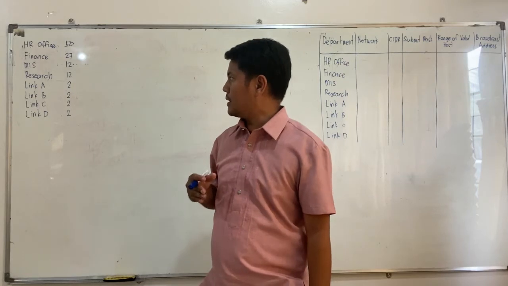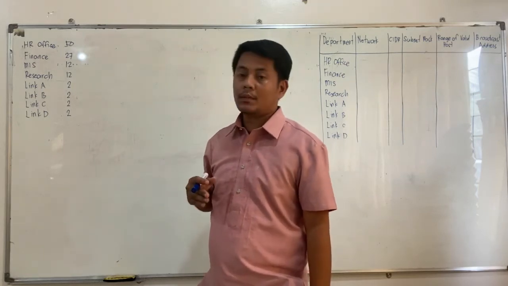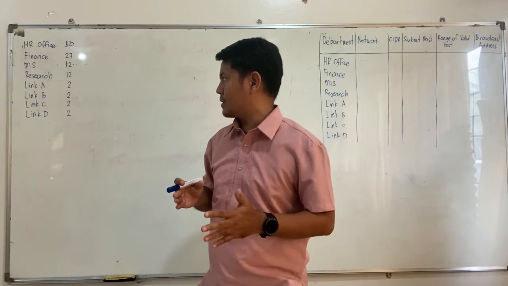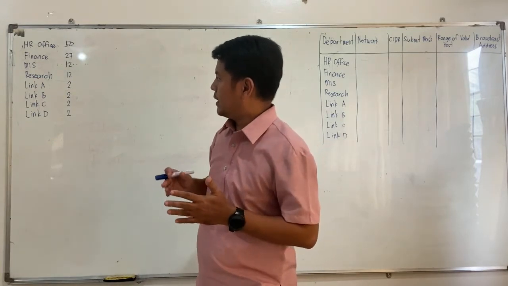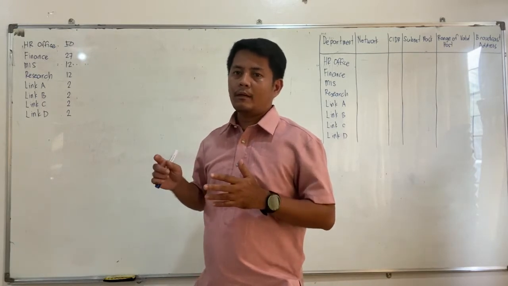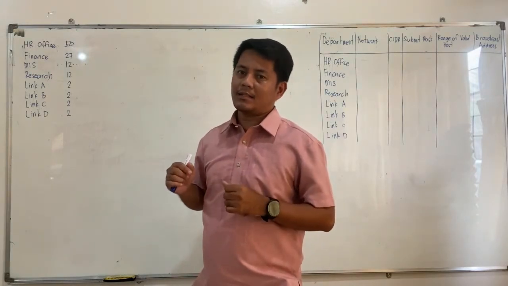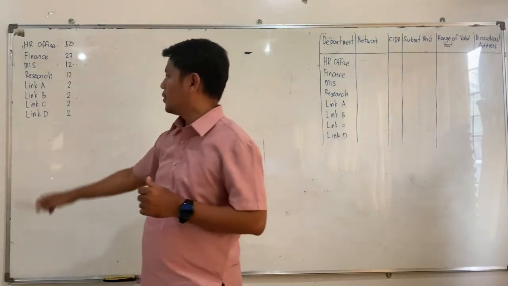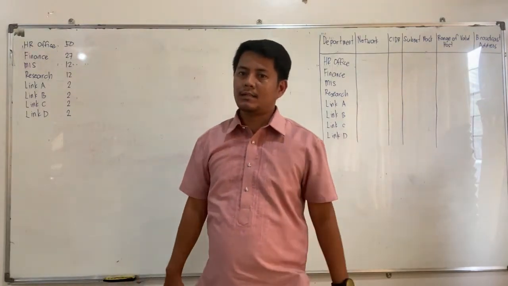The MIS office needs 12, as well as the research office. And each of the links connecting these offices needs 2 IP addresses. So we identified 2 for each of these links.